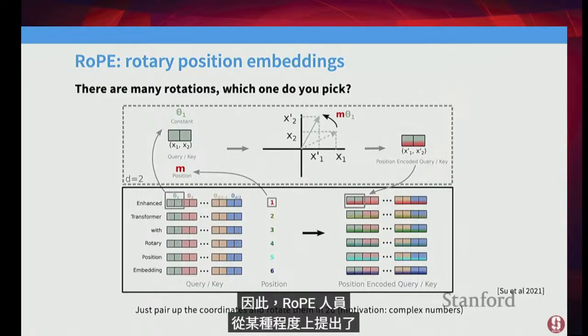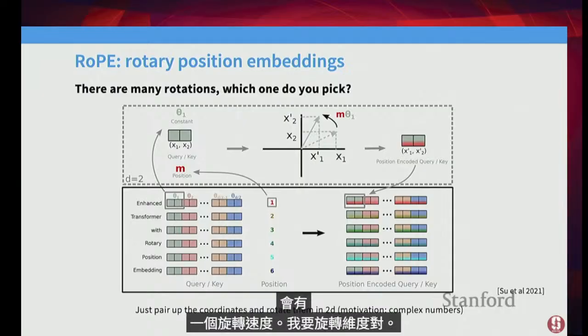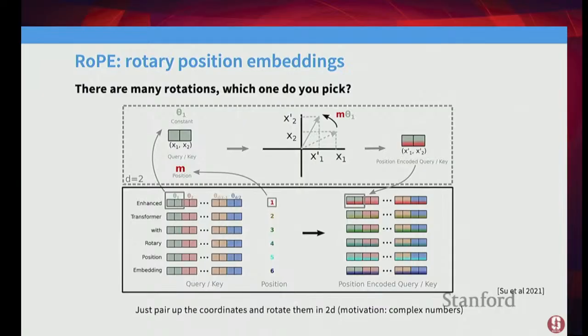So the RoPE folks came up with, in some ways, the simplest but also effective way of doing this. The way to do it is you take your high-dimensional vector, in this case d, and I'm just going to cut it up into blocks of 2 dimensions. And every 2 dimensions is going to be rotated by some theta. So there's going to be a rotation speed. And I'm going to rotate the pairs of dimensions.